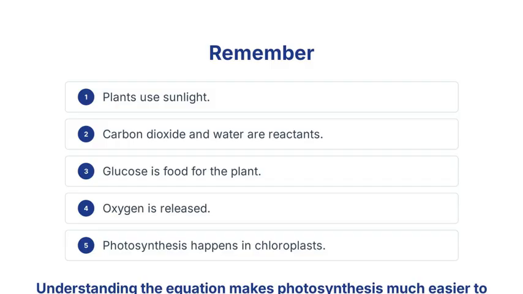The plant does not eat meat, and oxygen is released, and photosynthesis happens in the chloroplast. In AP biology, you're gonna go way more in depth to see what's in the chloroplast, and the process. There's photosynthesis 1, photosynthesis 2, and a lot of stuff with cellular respiration. But just understanding the basic equation makes photosynthesis much easier to understand.